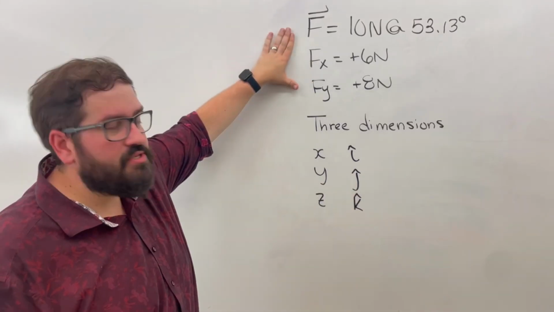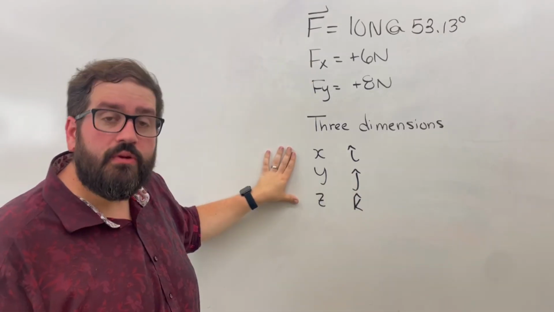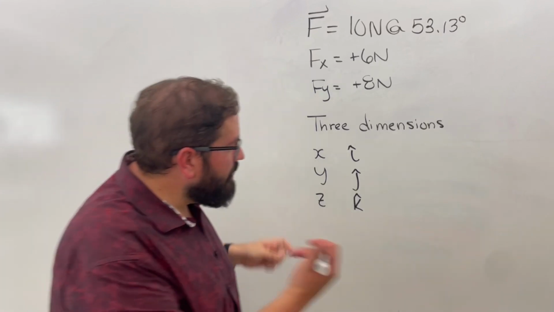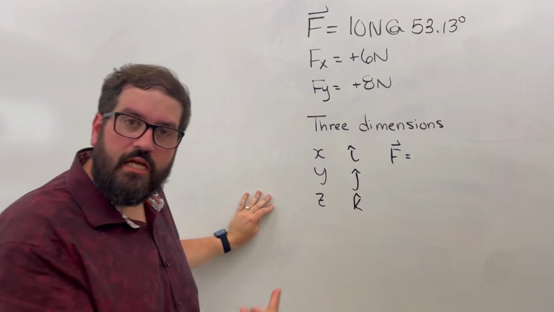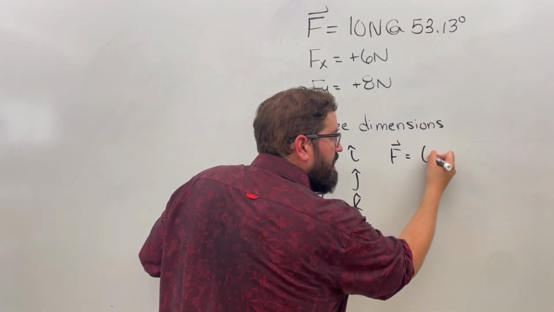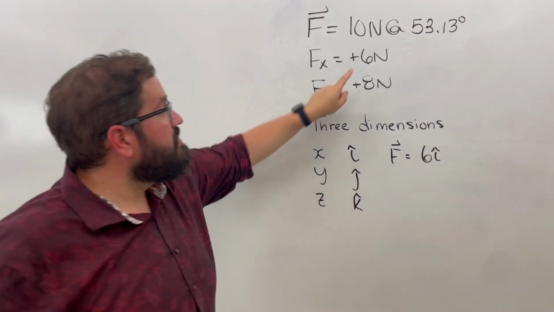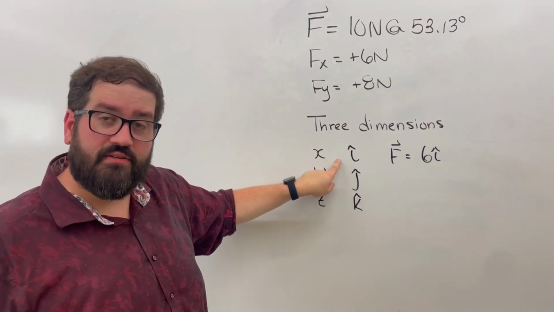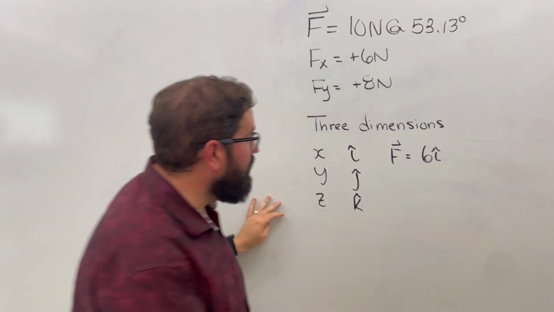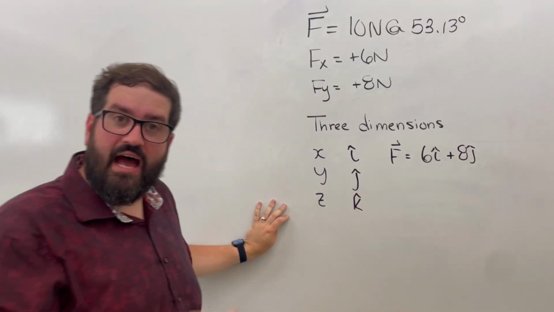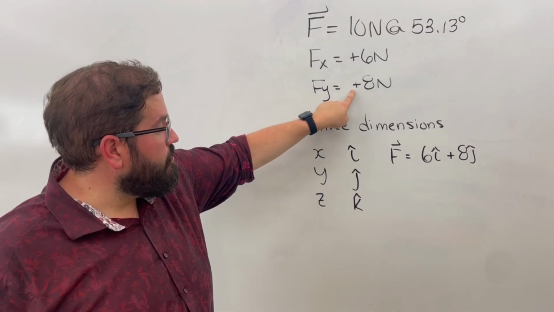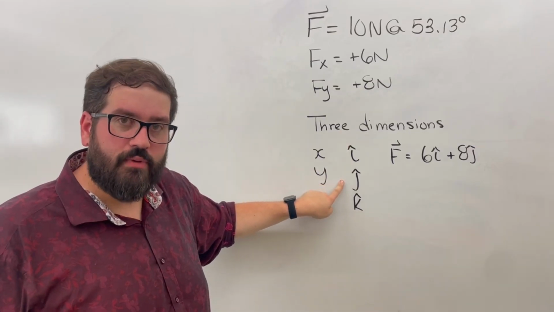If we were to try to represent this vector using unit vector notation, well, we could just write down f vector must equal 6i, since it's going 6 units in the positive i direction, plus 8j hat, because it's going 8 units in the positive y direction.